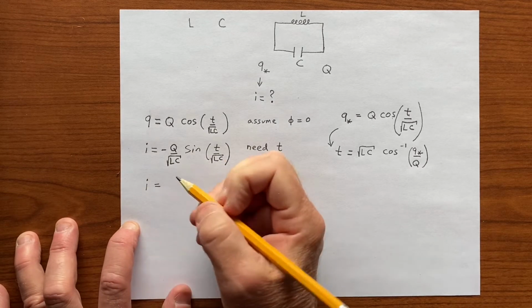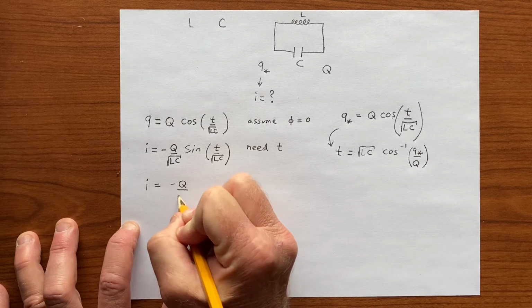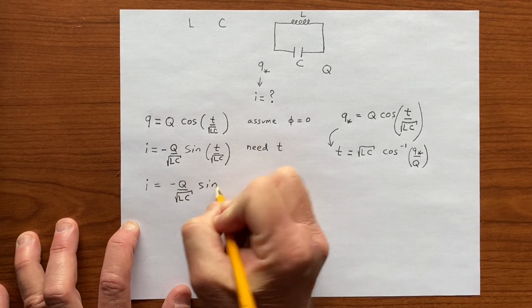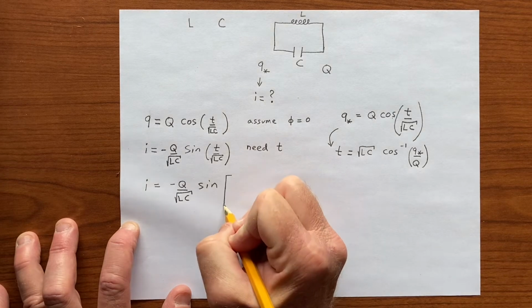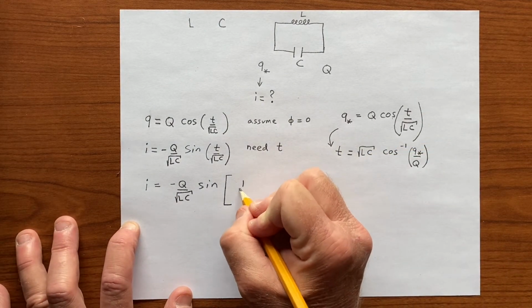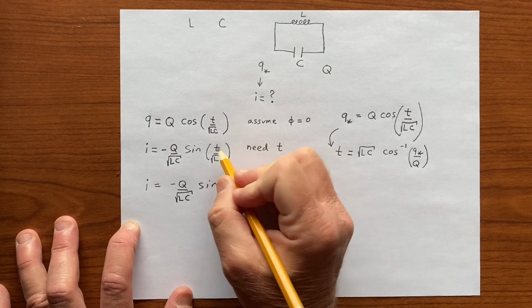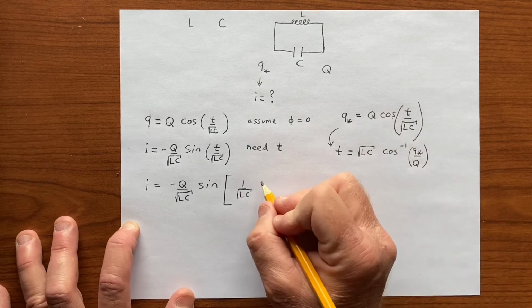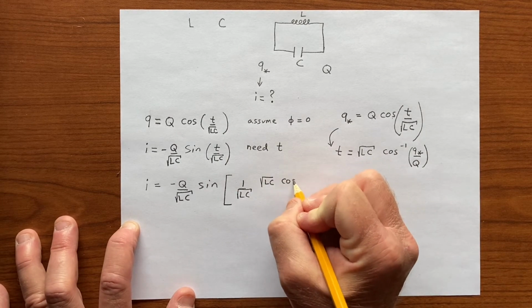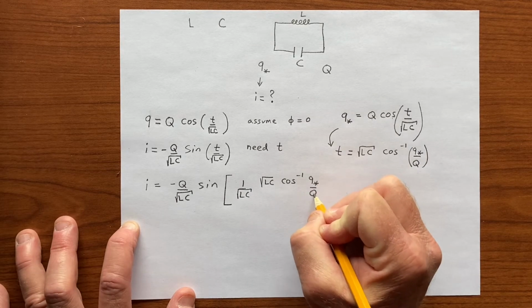I becomes minus capital Q over square root of LC, times sine of, open a square bracket, 1 over square root of LC times t, which is the square root of LC times the inverse cosine of Q star over capital Q.